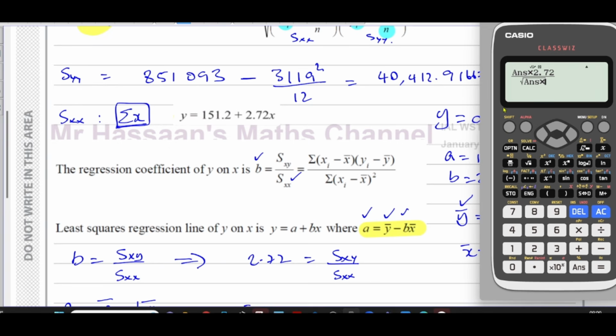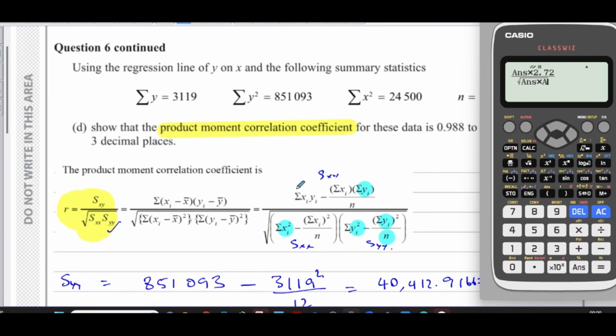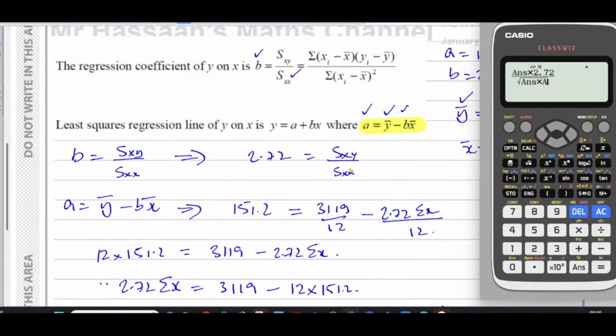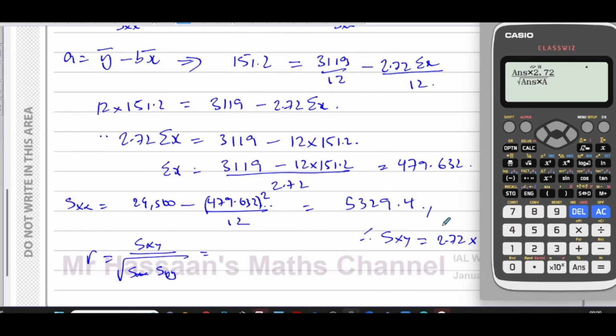I'm going to recall that, which was A. So I'll put that as A. So recall A. And that should give us an answer. Hopefully, when I press equals, the answer should come out 0.988 to 3 decimal places. So let's hope for the best here. So equals, yes, it worked out fine.